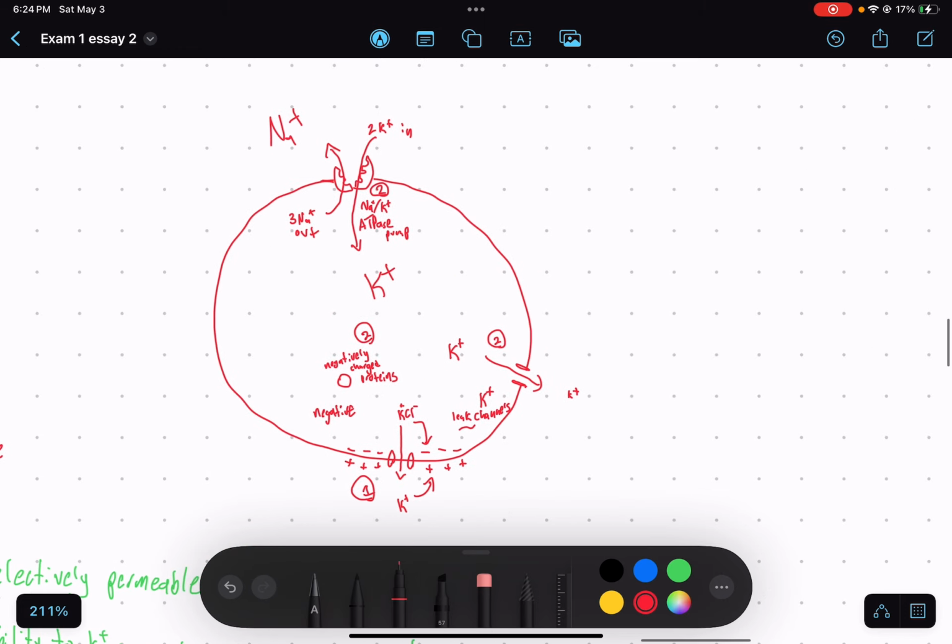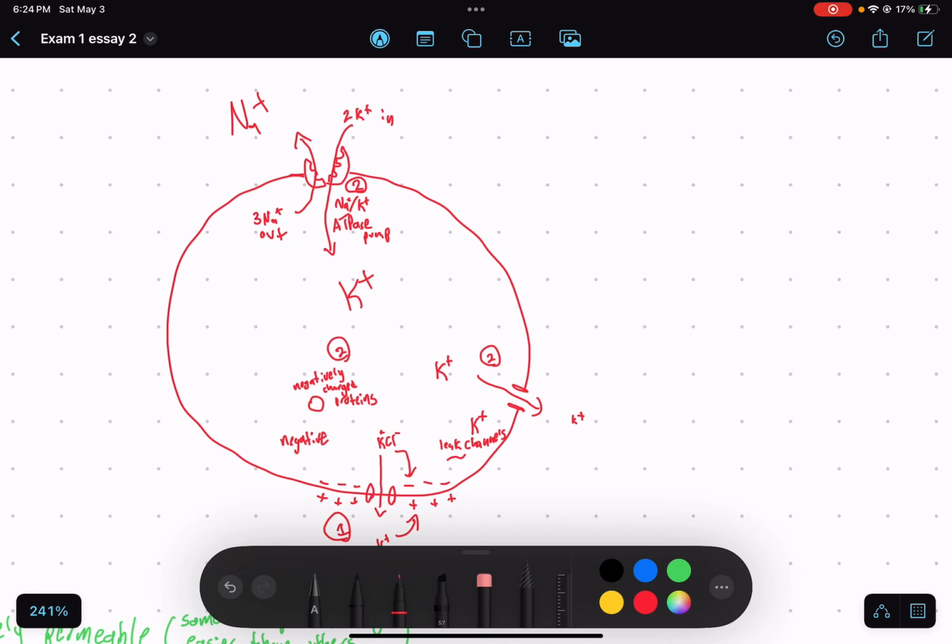Now this is happening with everything in each case. So each time that potassium leak channel is happening, that's going on. Whenever the sodium is leaving, that's happening there as well. So the sodium-potassium ATPase pump contributes a little bit to the negative 70 RMP.